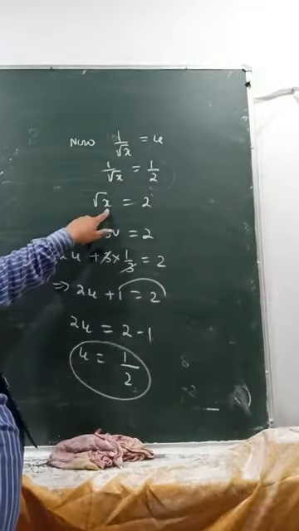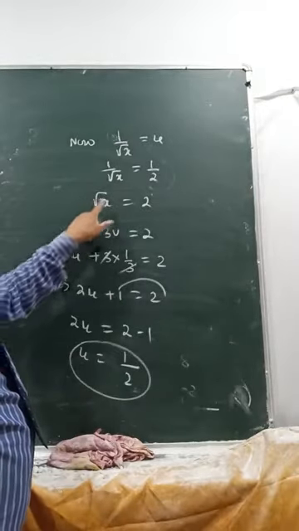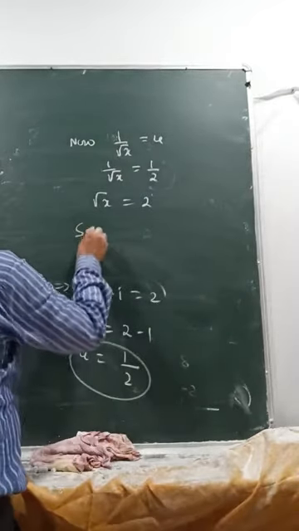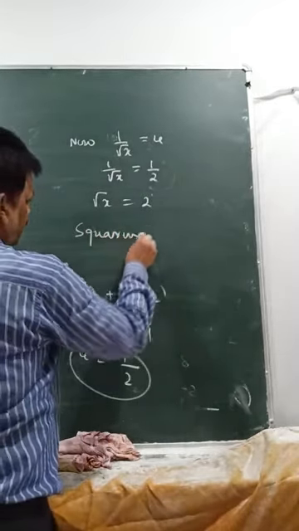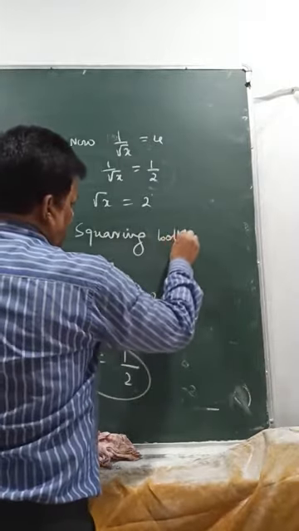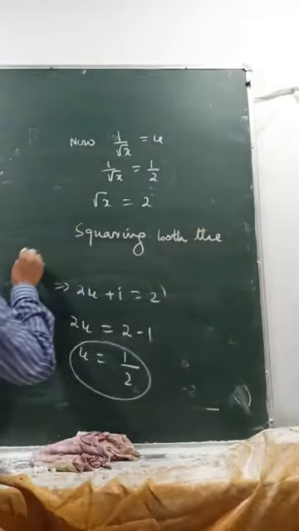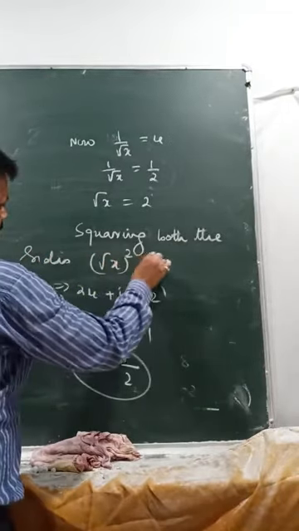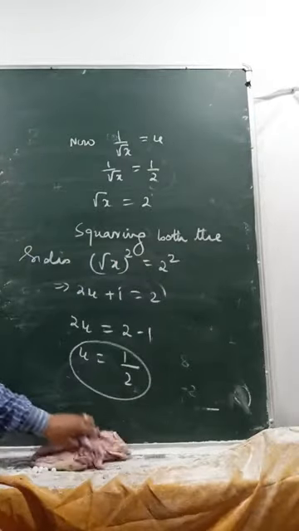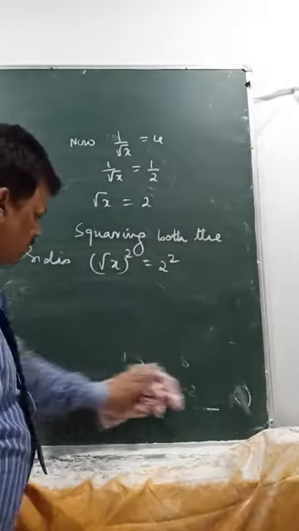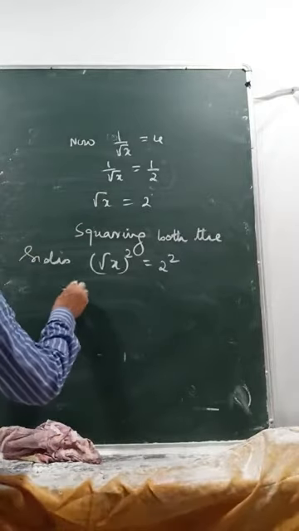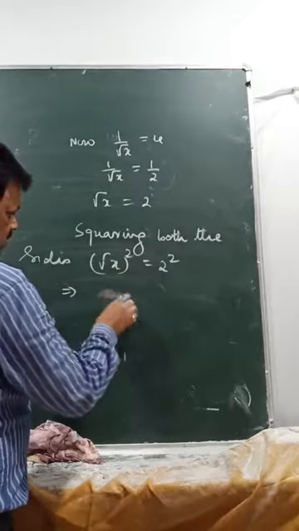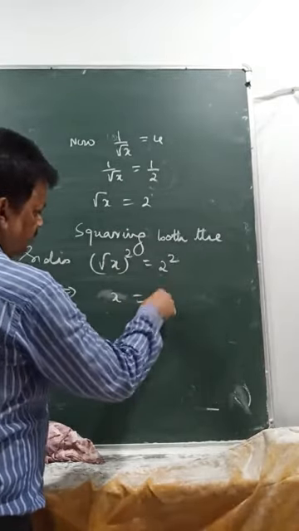From root x, how to get x? Now you have to square both sides. So write down, squaring both sides. Root x squared is 2 squared. This implies root x squared, the root and square cancel, gives x. 2 squared is 4.